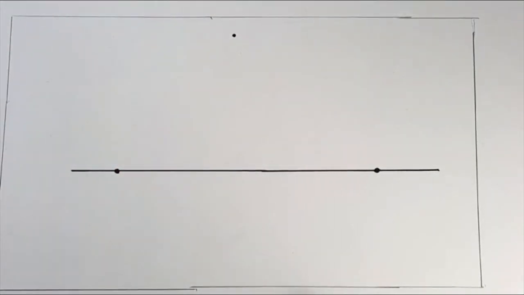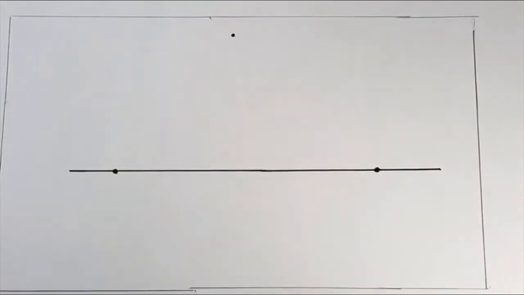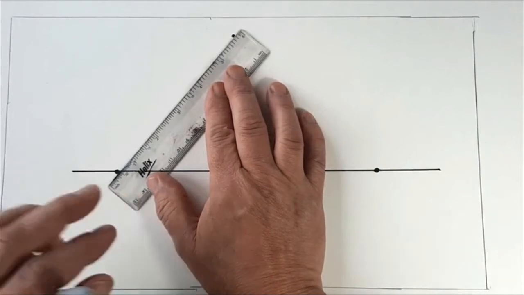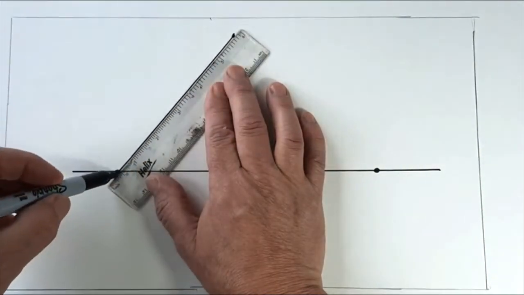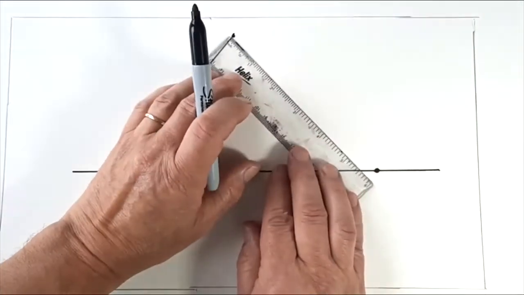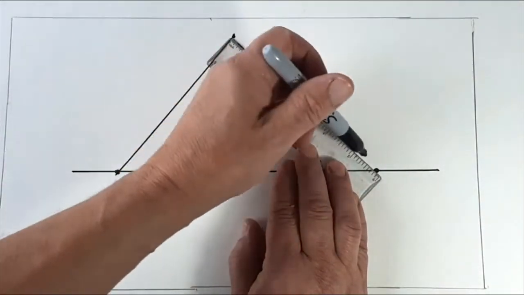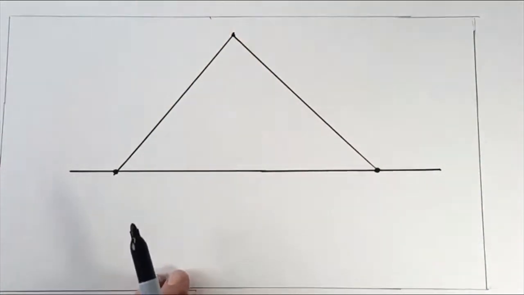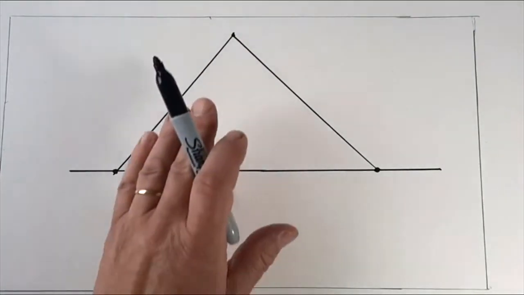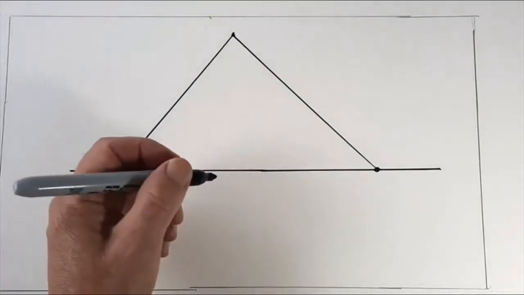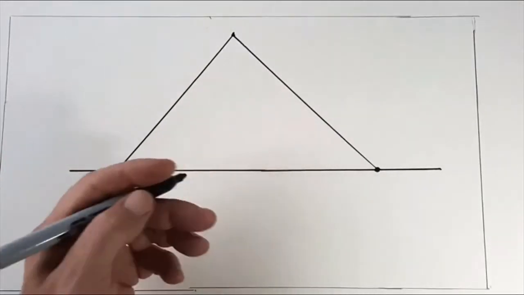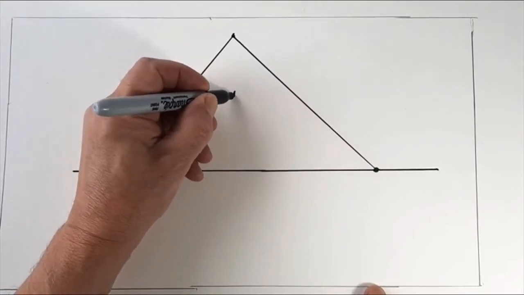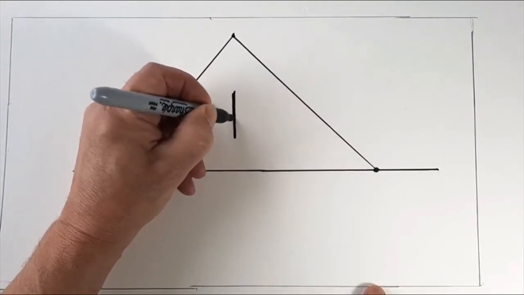So what I'll do is join these things together first of all. So we'll create our little triangle again. So there and there. Because we're dealing with an object above our eyes, we're working our third vanishing point up here. So this time, as we did before, I'll draw in something that represents the corner of a building, corner of a box, same sort of idea. Maybe place it just here.